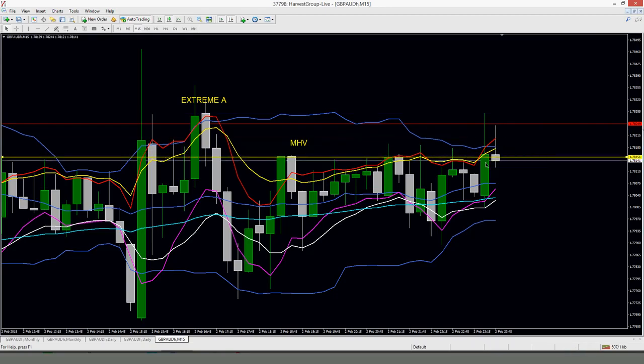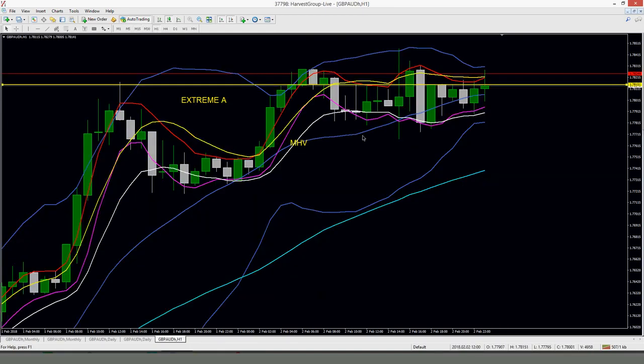There's a series of retests, and here we have another sell signal. If we are scalping on this particular pair, then we should be looking at an MHB entry over here. So we'll be entering an MHB sell over here, and obviously we're aiming to target about 10 to 20 pips.